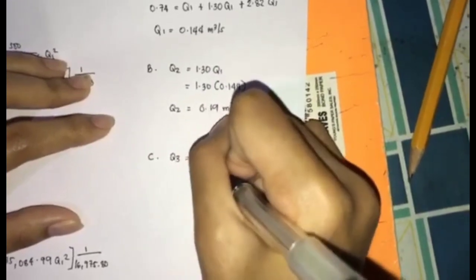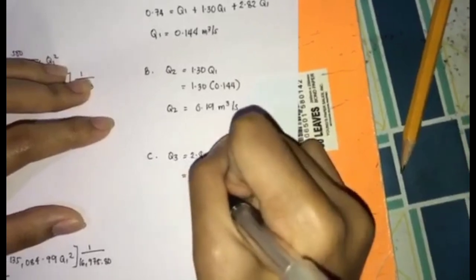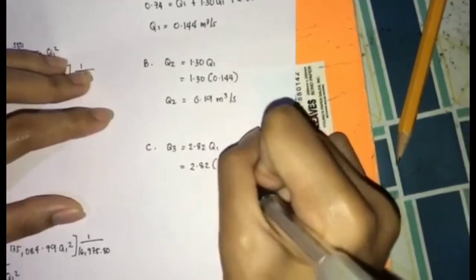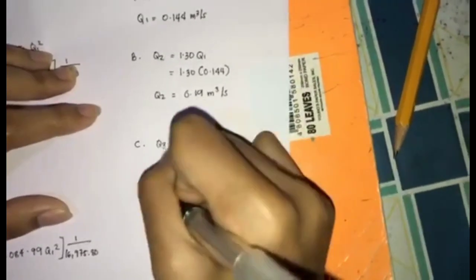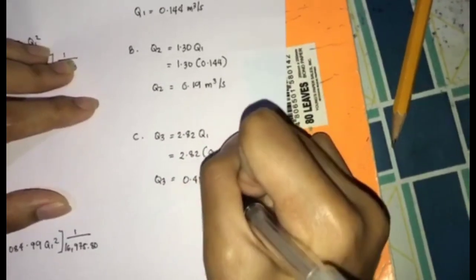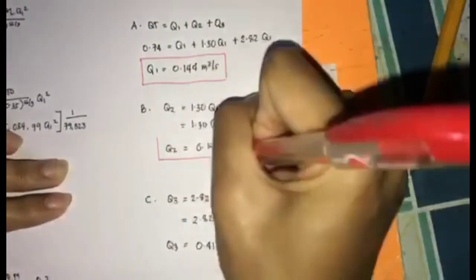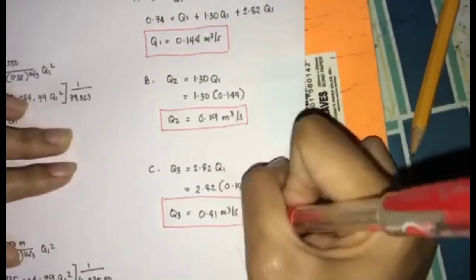So we multiply 2.82 Q1, 2.82 times 0.144, we get the value of Q3, which is equals to 0.41 cubic meters per second. So now, we finally get the value of the rate of flow in pipe 1, pipe 2, and pipe 3.